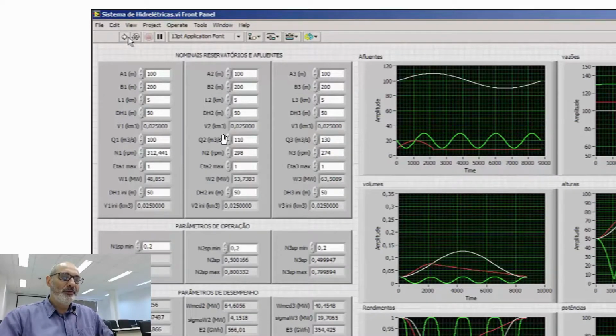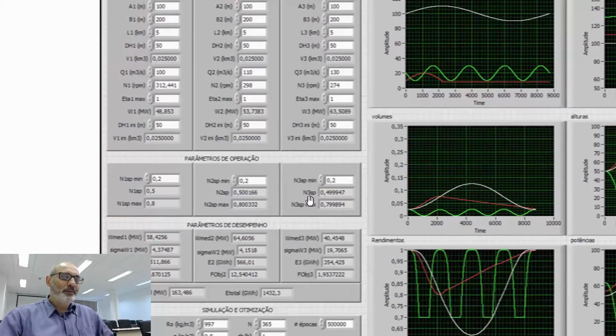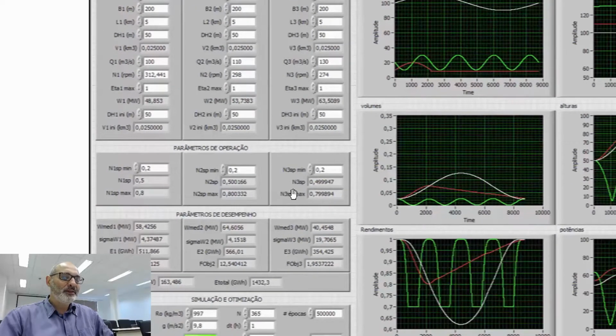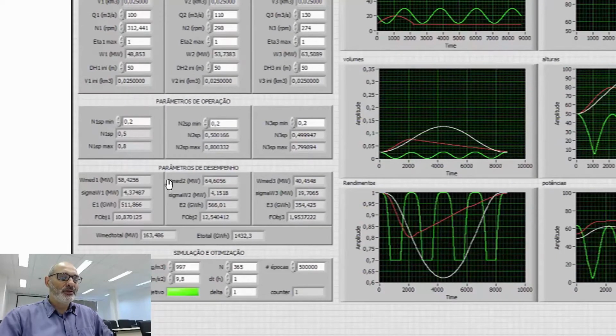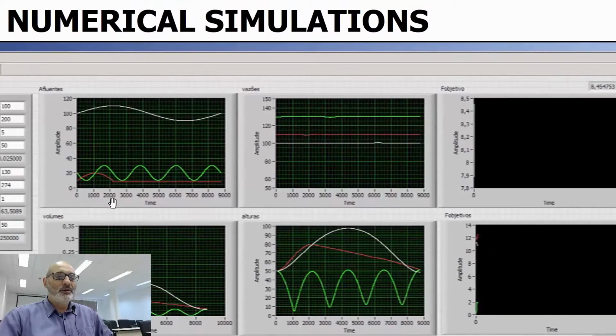So these are the reservoir characteristics, A, B, L, DH, and so on. And that's the total volume of each of these three reservoirs. Those are the turbines, the parameters that define the turbines, and these are results actually. So instantaneous power of each turbine, and total generation. Those are the annual values. So those are the river and tributaries flow rates.